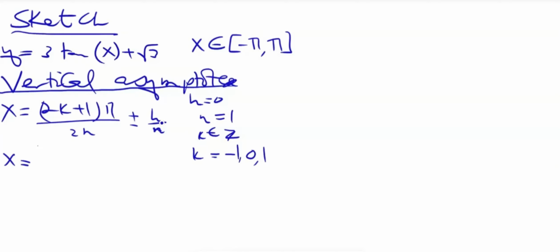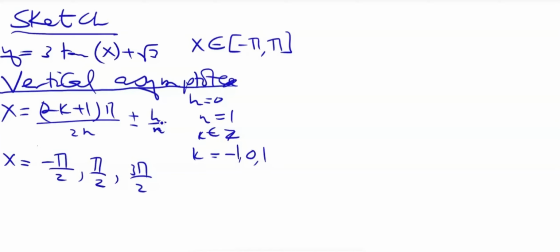Because it's a restricted domain, we start from -1, 0 and 1. If I substitute -1 into the vertical asymptote, that gives me negative pi over 2, and if I substitute 0, that gives me pi over 2, and then 3 pi over 2.